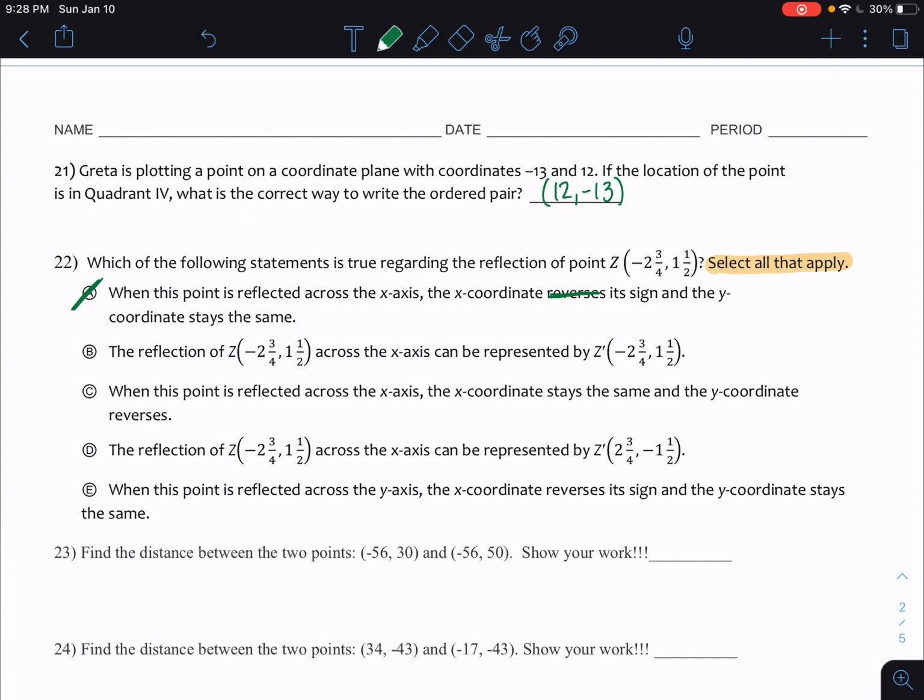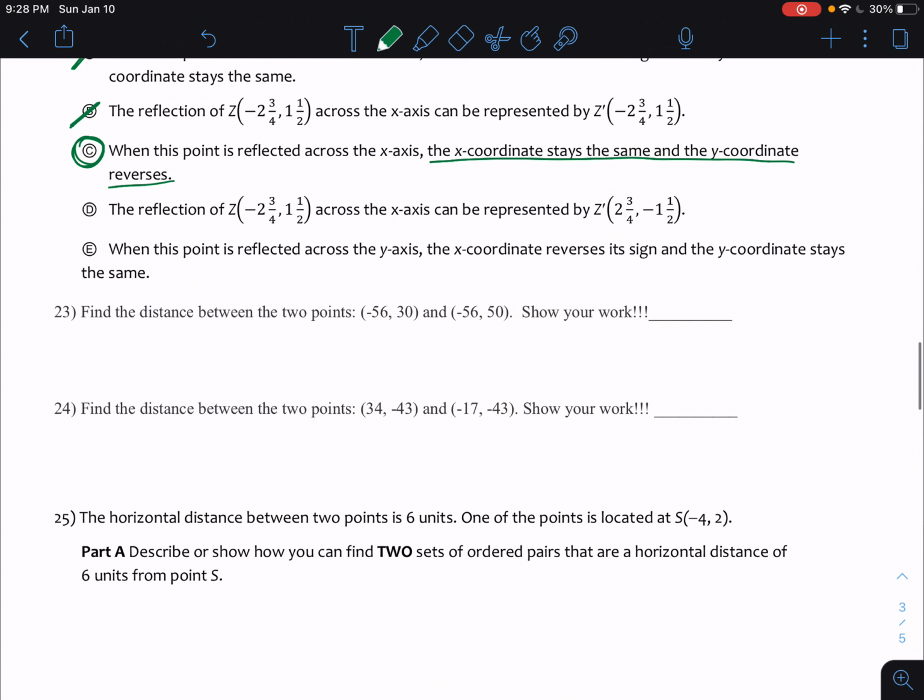The reflection of the point, -2 3/4, 1 1/2 across the x-axis can be represented by -2 3/4, 1 1/2. That is not true because the y coordinate did not change, so B is not true. When this point is reflected across the x-axis, the x coordinate stays the same and the y coordinate reverses. That is true.